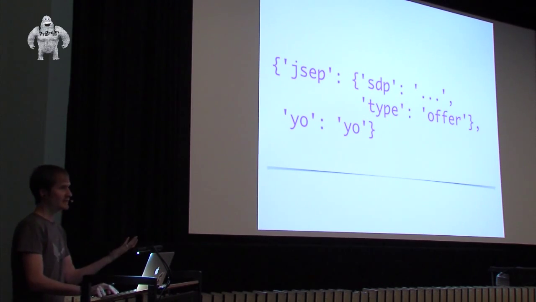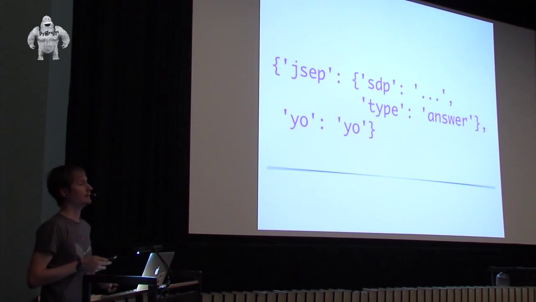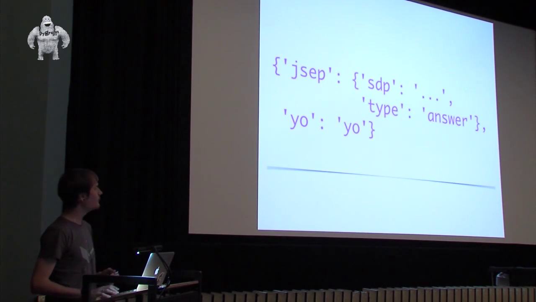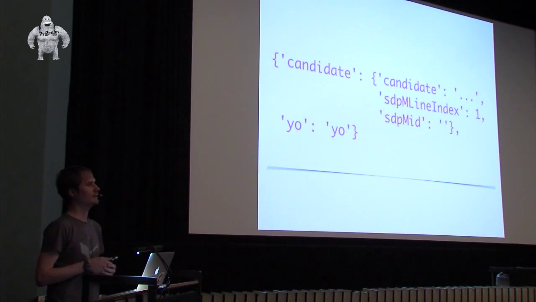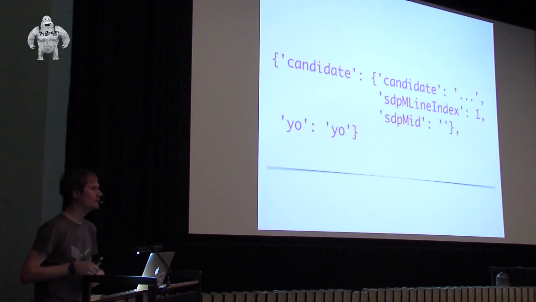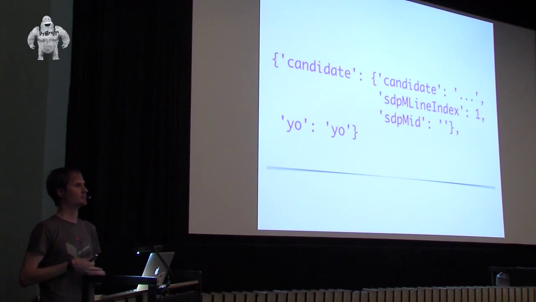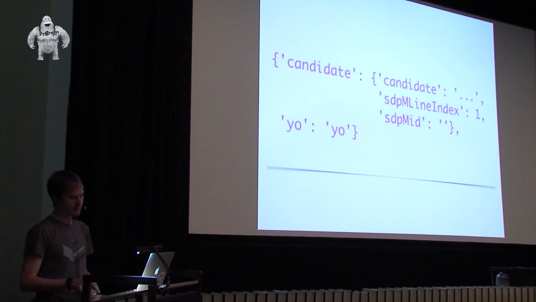Then the recipient of the offer will create a yo answer message, which looks exactly like the offer. And then both of them will gather candidates, and we will just send them like this. This is the serialized RTCIceCandidate JavaScript object, so it makes it easier to work with in JavaScript.